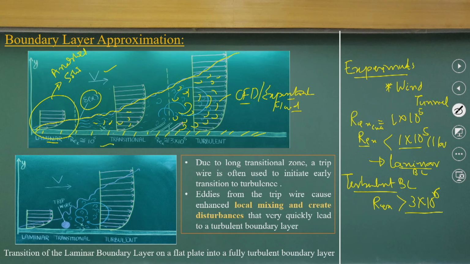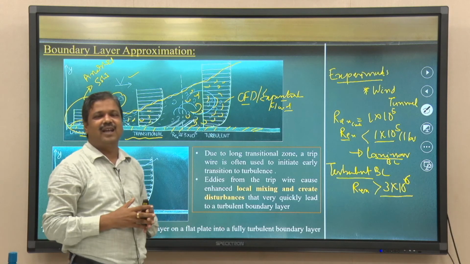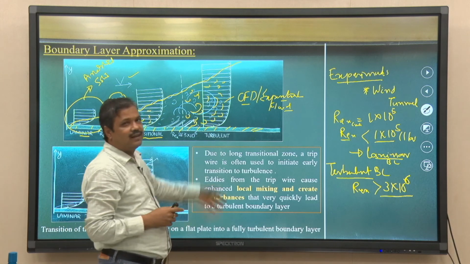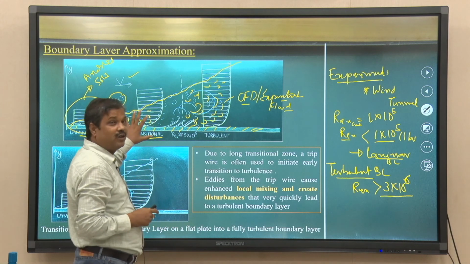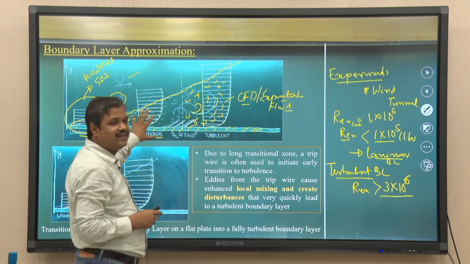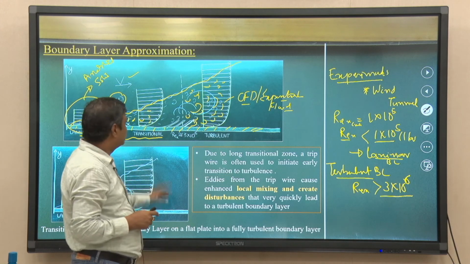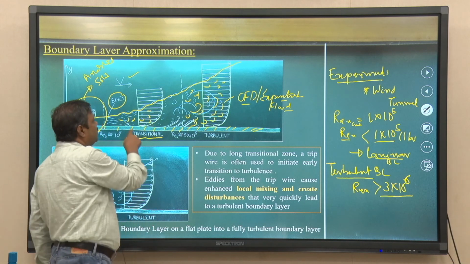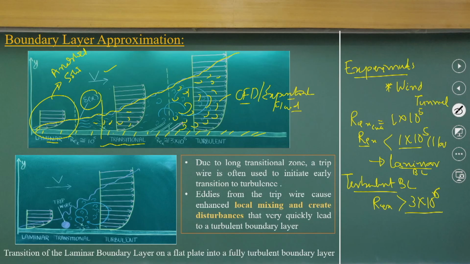So, what happens in the transitional zones, which are in between the laminar and turbulent zones? Even the best CFD software today is unable to represent this transitional flow, because when the transitional flow is there, more complex flow patterns happen in these regions. Again I am repeating, very complex flow happens as compared to the turbulent.